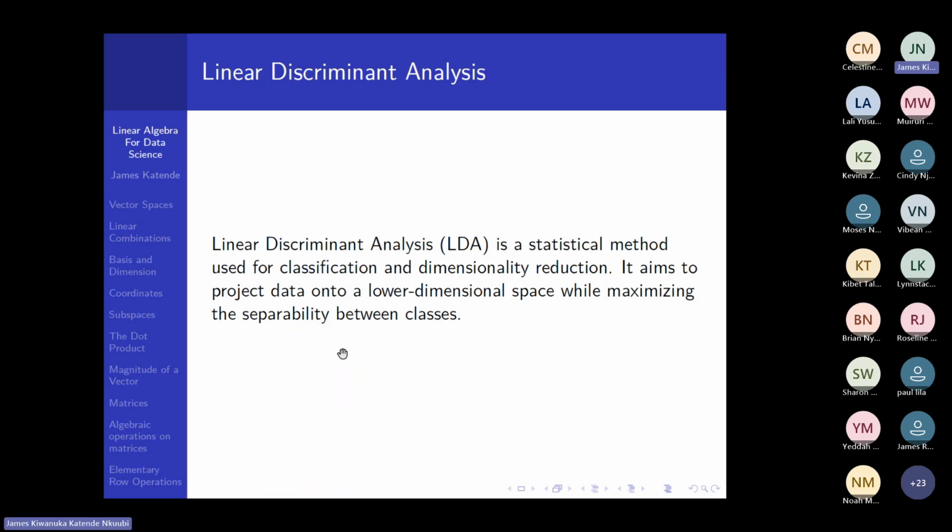So you want to find a lower dimensional space which maximizes separation between the two classes. In our case, we moved from two-dimensional to one-dimensional, the example that we did.